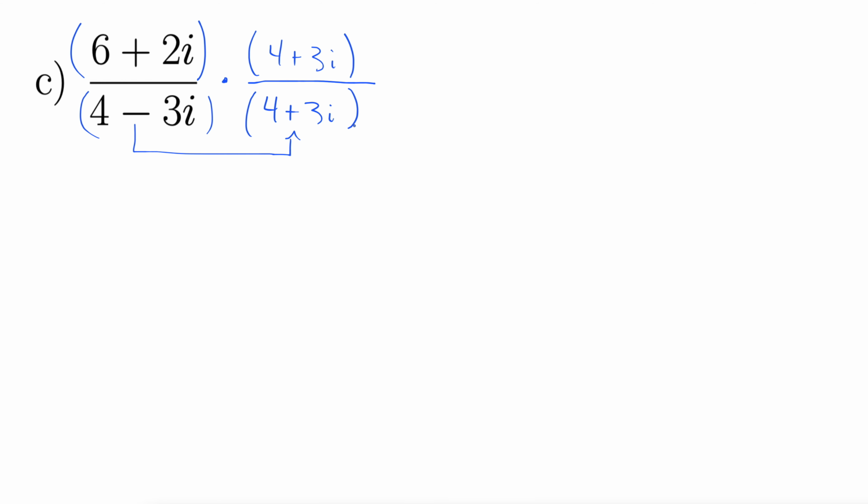Okay, so now we have some foiling to do. Let's do it. Up top we have first 24, outside plus 18i, inside plus 8i, last plus 6i squared. So we need to watch out for those i squareds.